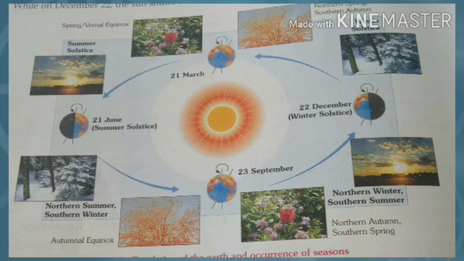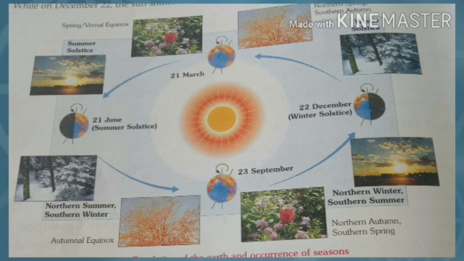On these 2 days, the sun rays fall directly on the equator. Okay, at this position, neither of the poles is tilted towards the sun. So, the whole earth experiences equal days and equal nights. So, this is called as what? Equinox. Clear, children?